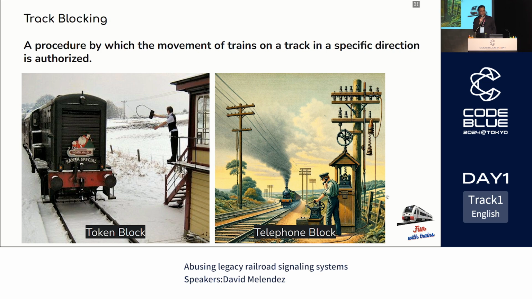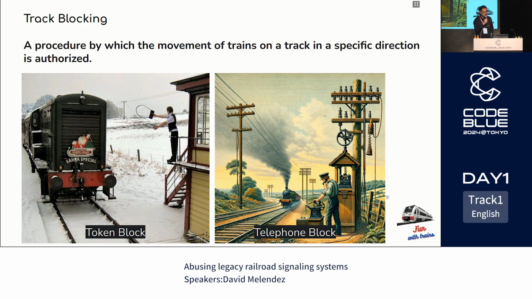So how are tracks blocked? We have several methods. The classic one is a token block, as you see on the UK historical trains. A token is caught by the train driver and delivered to the next station.